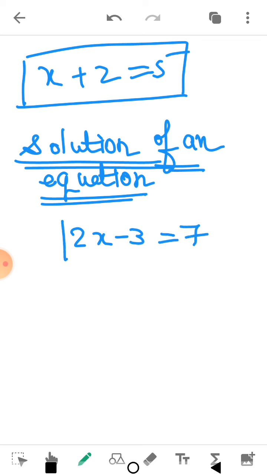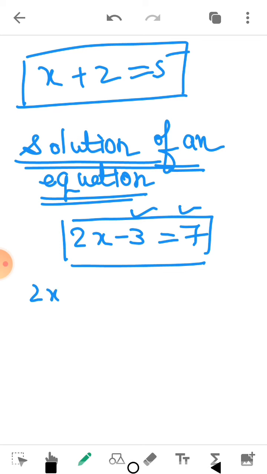We have to find out the solution of this equation. Our aim is to separate constant terms and variable terms. Here 2x is the variable term and 3 and 7 are the constant terms. So at the left side 2x is taken and at the right side 7 is taken and 3 will be transferred to the right side. That means transposed to the right side.